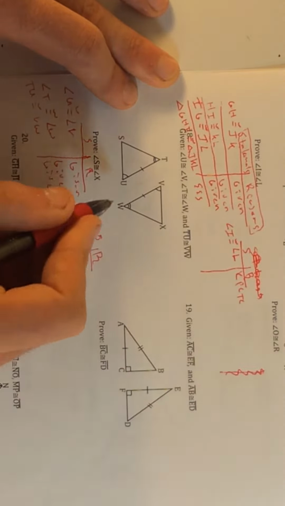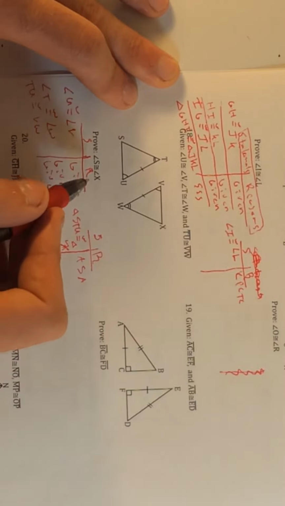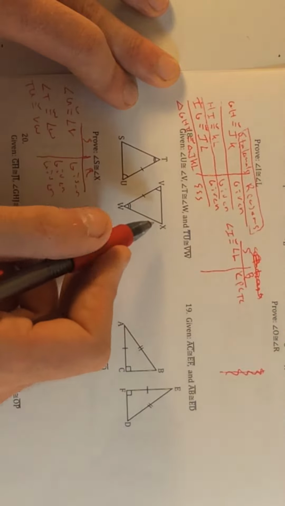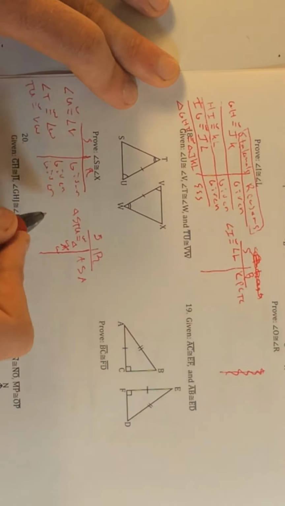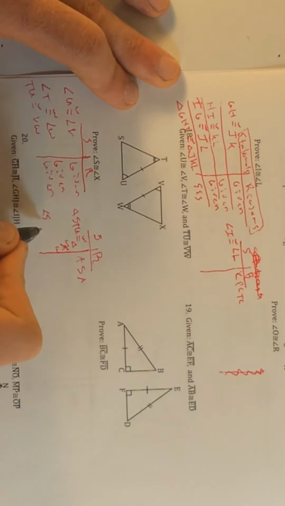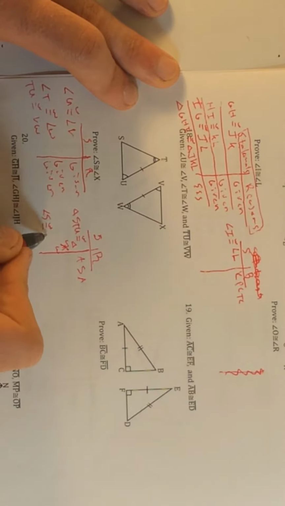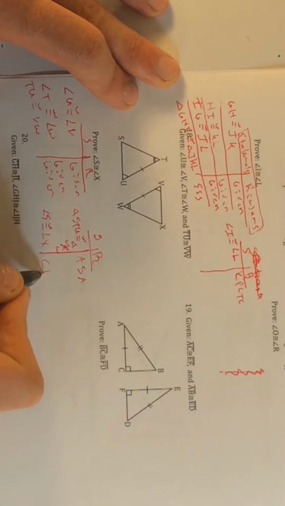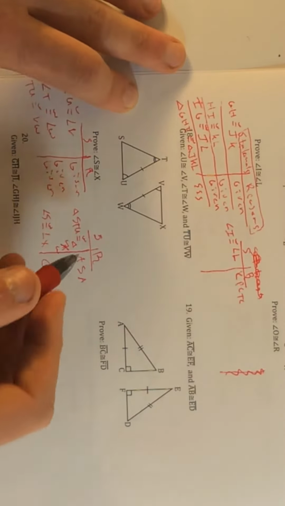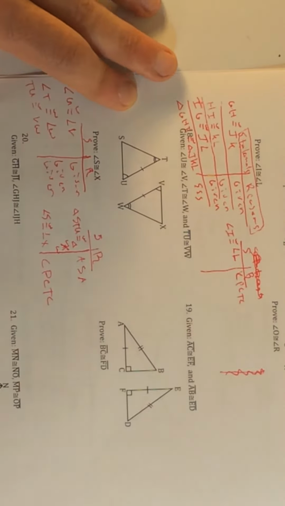These 2 triangles are congruent. So thus, if angle S and angle X are in corresponding positions, they must be congruent. So therefore, angle S will be congruent to angle X by CPCTC. They're corresponding parts on congruent triangles, so therefore they are congruent.